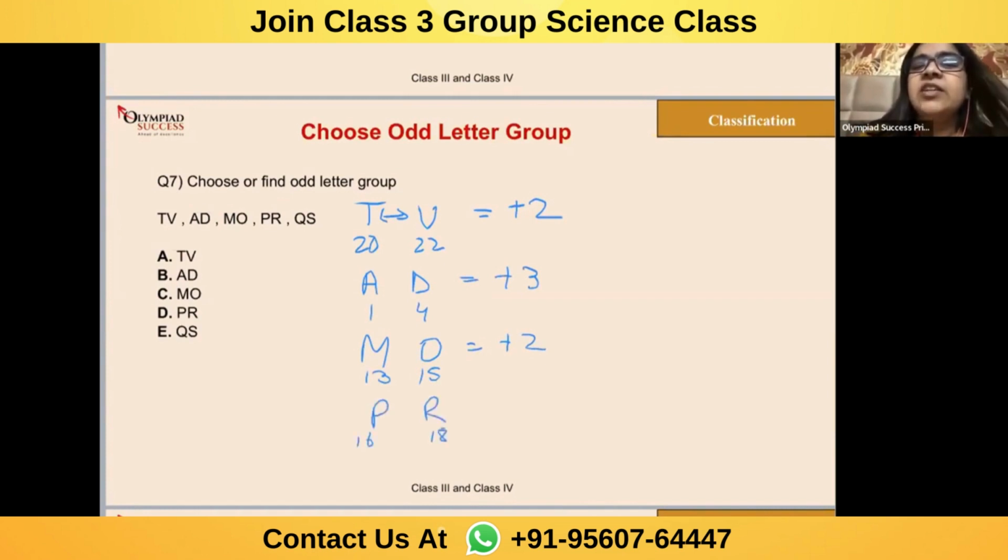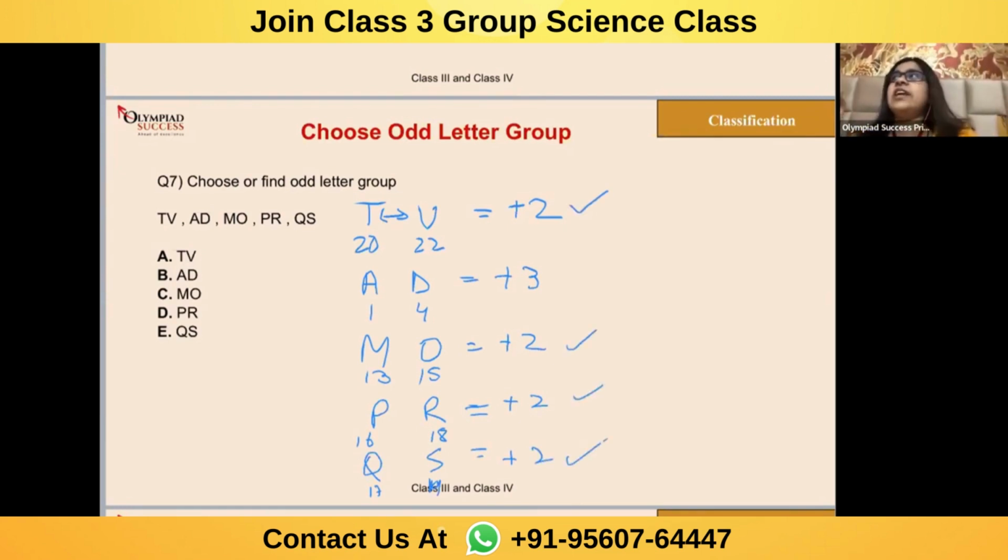P is 16, R is 18, plus 2, and Q is 17, S is 19, plus 2. All of these letter pairs have a gap of 2 except AD, which has a difference of 3. So AD is my odd one out.